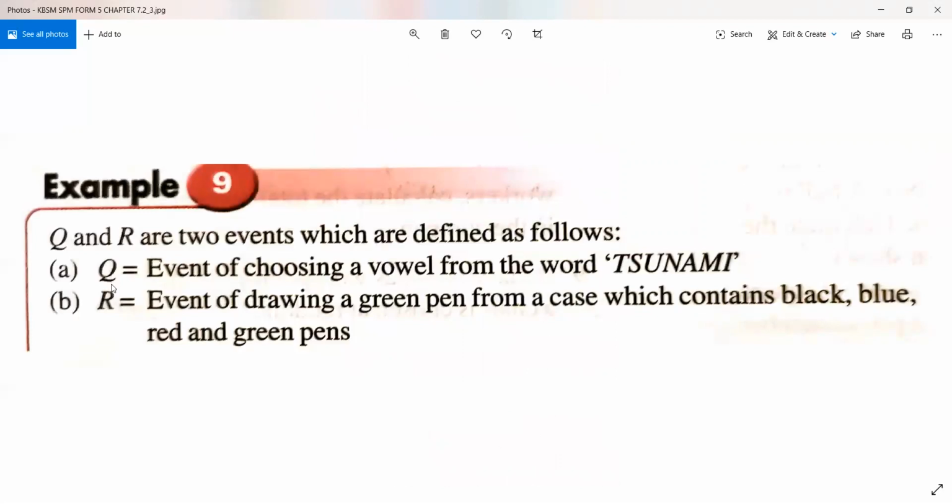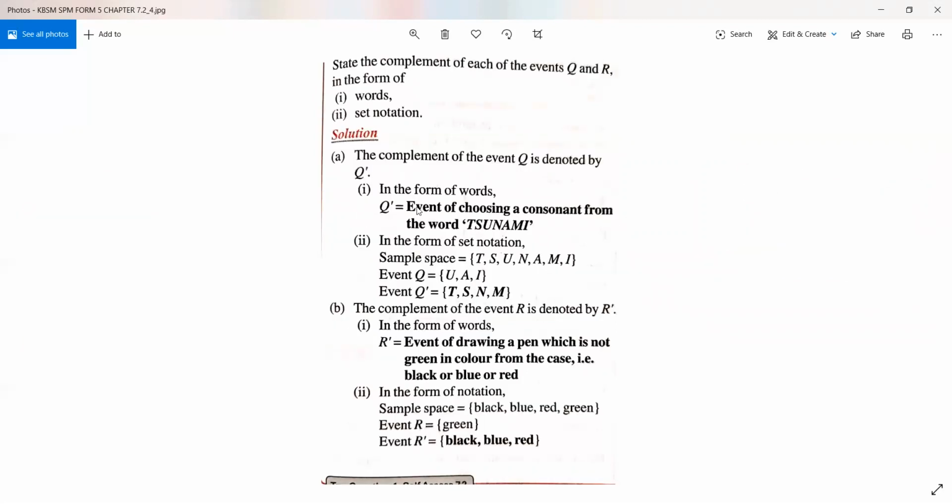Because the event Q is choosing a vowel, so Q prime should be choosing a consonant, the one that is opposite to vowel. In set notation, our sample space is T, S, U, M, I, so event Q is the vowels U and I. So event Q prime should be T, S and M.